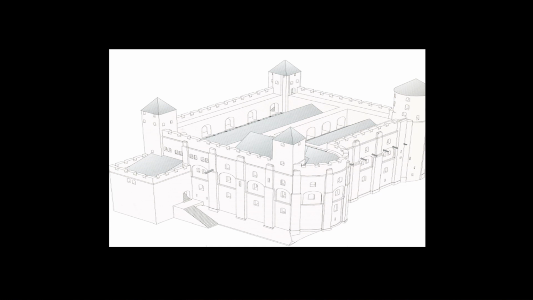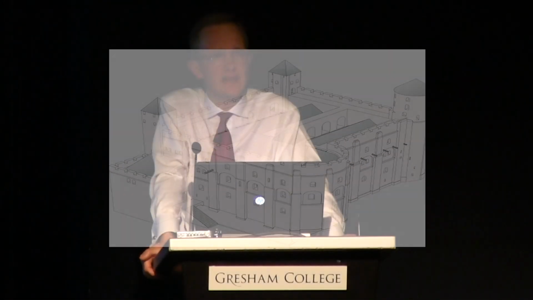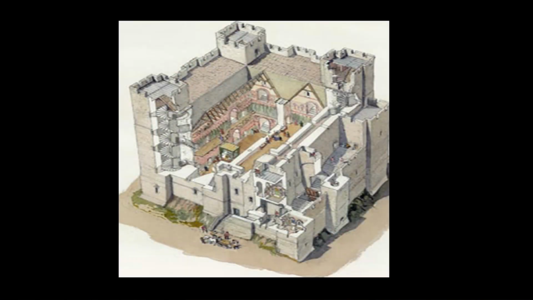Now, at English Heritage, we recently completed a very interesting and exciting project, which was to try and work out what one of these great early Norman palaces actually looked like. And we had a huge and complicated research project to try and work out what the great tower at Dover Castle would have been like in the reign of Henry II.